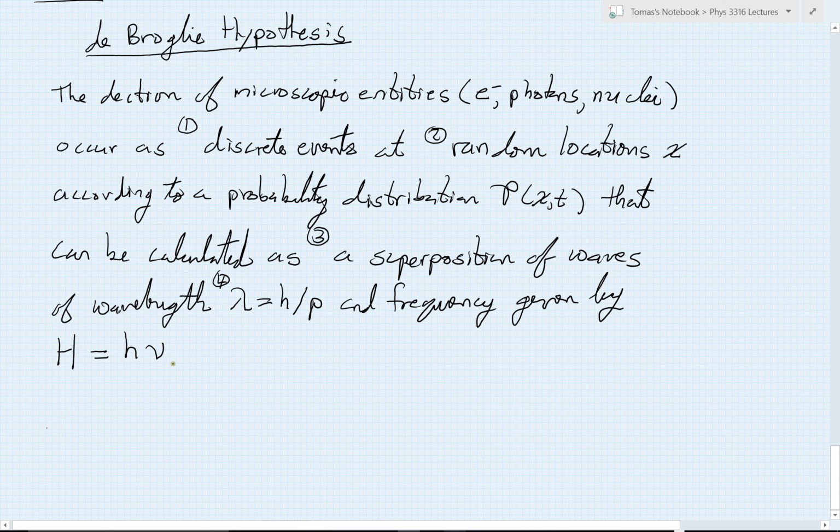But once again, this is exactly the relation for the photon, as long as we realize E equals h nu, where E corresponds to the Hamiltonian for our photon, because it just represents the total energy of the particle. So we've now managed to unify all of our experimental observations with one beautiful underlying hypothesis.